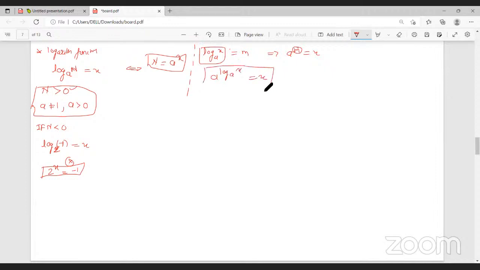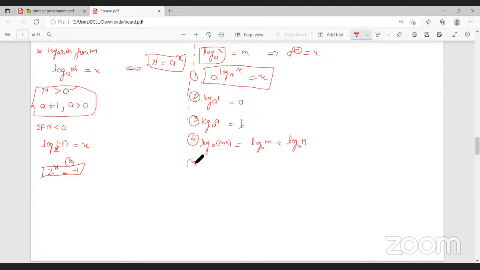So this is my first property. Now, what is the second property? Log of 1 to the base a is always equal to 0, right? Third one: log of a to the base a is equal to 1. My fourth property is log of mn to the base a will be log of m to the base a plus log of n to the base a.